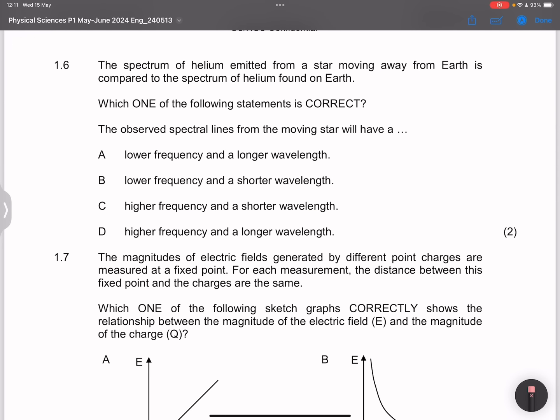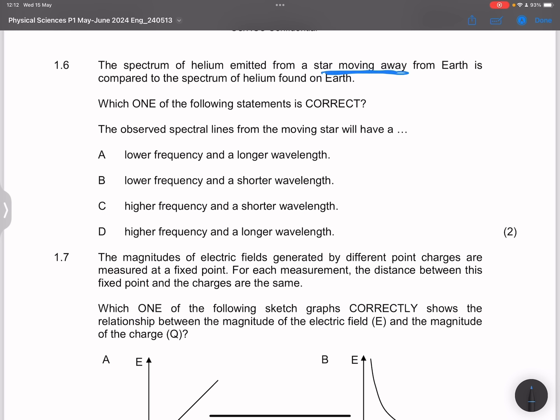They say the spectrum of helium emitted from a star moving away from Earth is compared to the spectrum of helium found on Earth. Which one of the following statements is correct? The observed spectral lines from the moving star will have... Now note, they said that the star is moving away from the Earth.